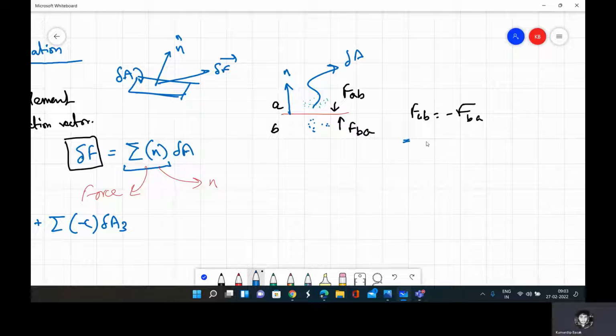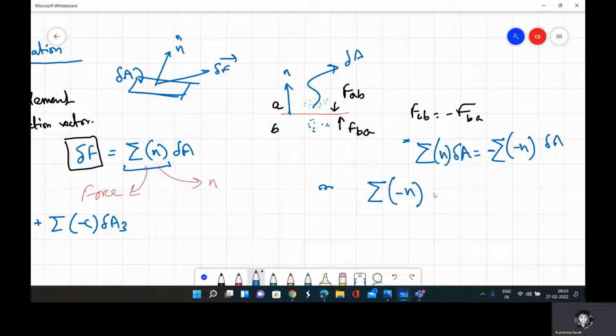This F_AB is nothing but the area normal acting as n, that is sigma of n into delta A, and for the opposite quantity, for the negative normal vector, it is sigma of minus n and delta A. From there what can we write? We can write sigma of minus n is minus sigma of n.